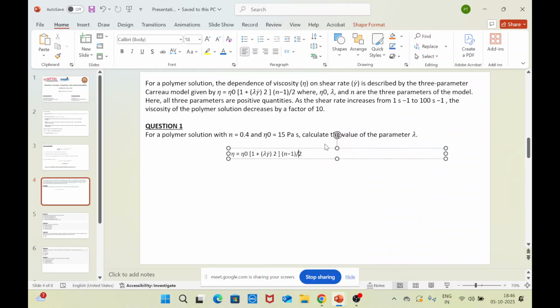So this is what we have in our question. Let this be the equation when the shear rate is 1 second inverse.